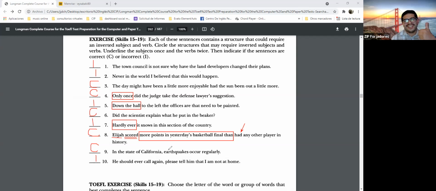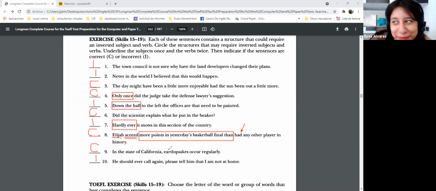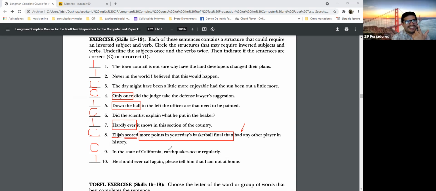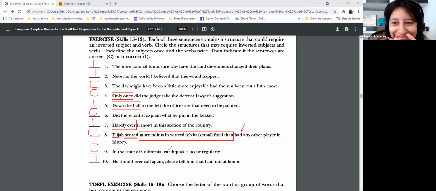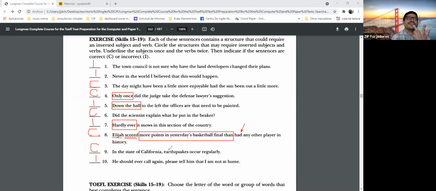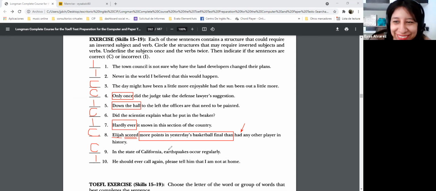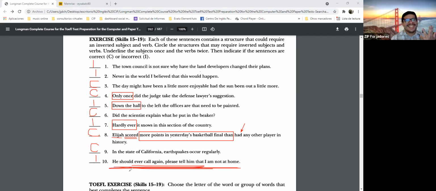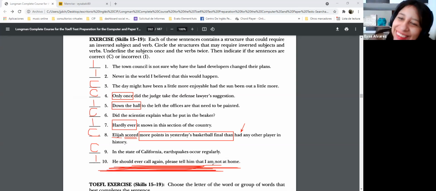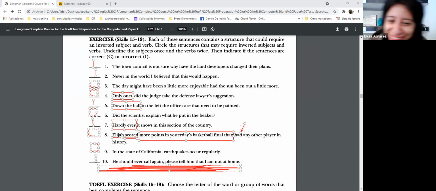We invert the subject and verb in negative expressions, in place expressions, comparatives, and the last one, with the "if". Conditionals, conditions, right? That's right.